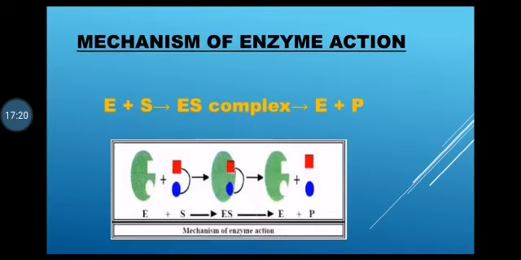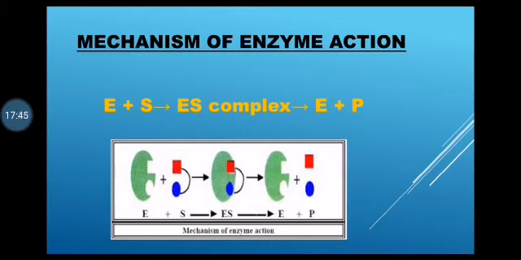Now the next topic, which is also very interesting and important from an exam point of view, is the mechanism of enzyme action. How do enzymes work, and what is the mechanism of enzyme reaction? We have discussed it in the first lecture also.